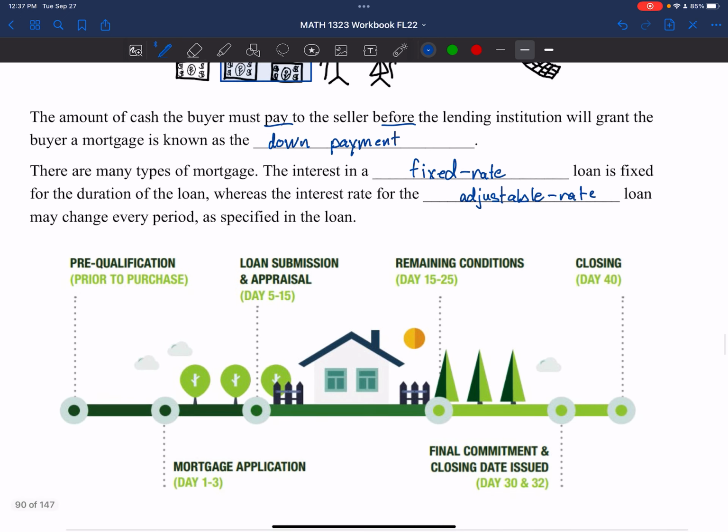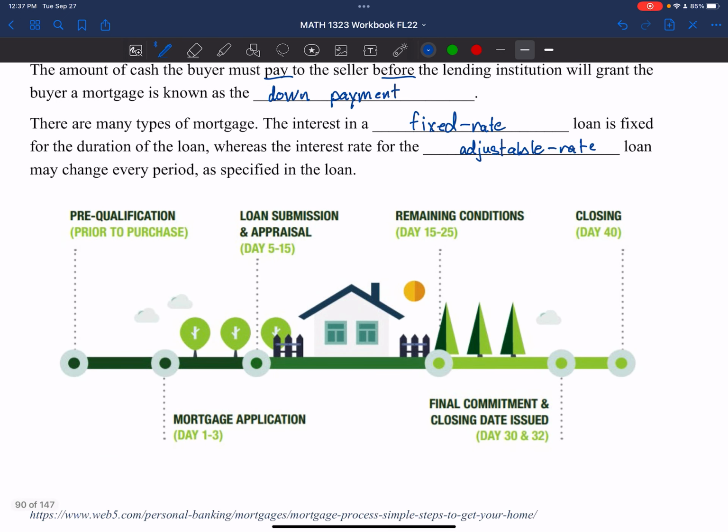We won't go into the actual process of going through the mortgage application, but it is a fairly lengthy process. Closing is where you go to a table with, typically, a title company, and they'll sign over all of the documents and give you the keys. This process takes a while. Part of this is because of regulations, so hopefully we don't have another housing crisis like we did back in 2008. You submit a lot of paperwork.